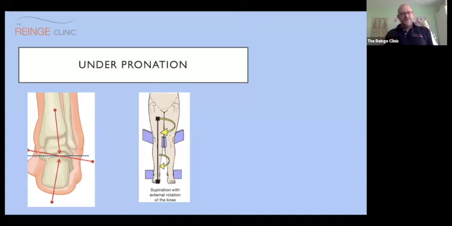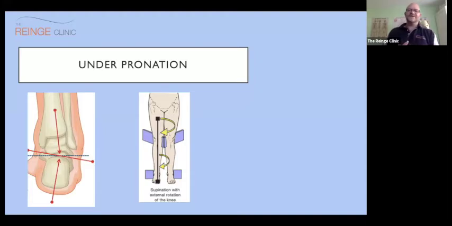But what happens with this is we get a lot of tightness all down the outside edge of the leg. So down through the outside of the calf, we can get compartment syndromes from this. We will get IT band syndrome again. But the one, you can see the picture on the right, this creates an outward rotation of the leg. So we will be trying with the hip to now rotate in.